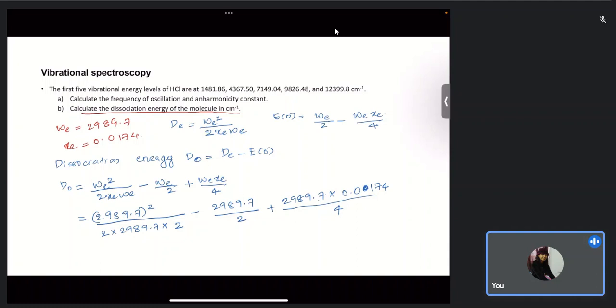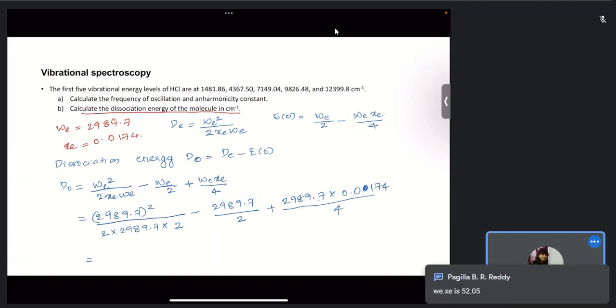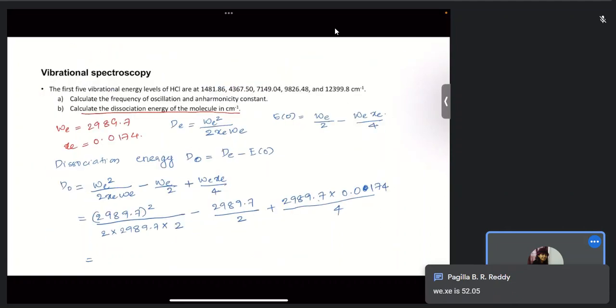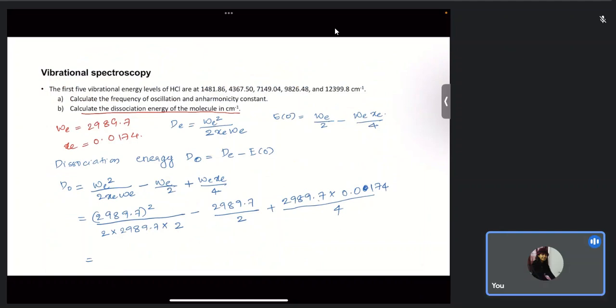I'm getting a negative value, which shouldn't be the case. I don't know what sort of mistake I have done here. Omega e xc, you can either put this value in, or it's fine.